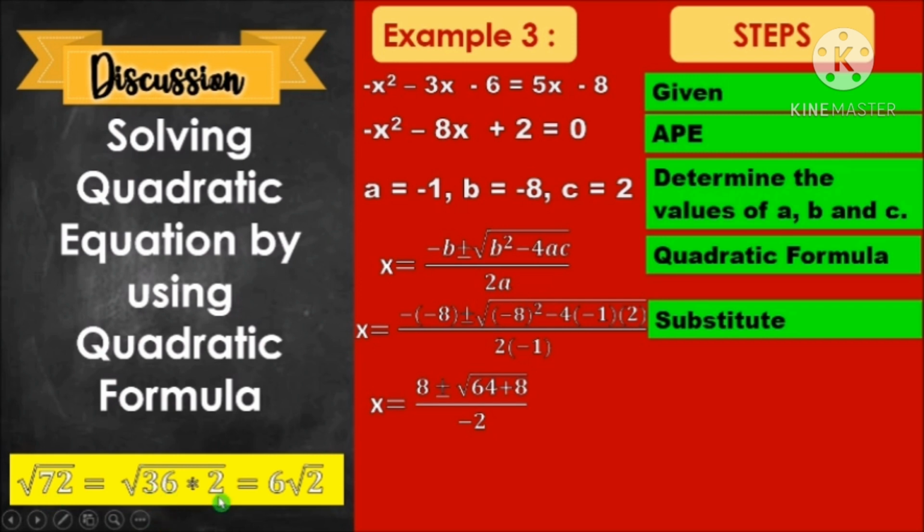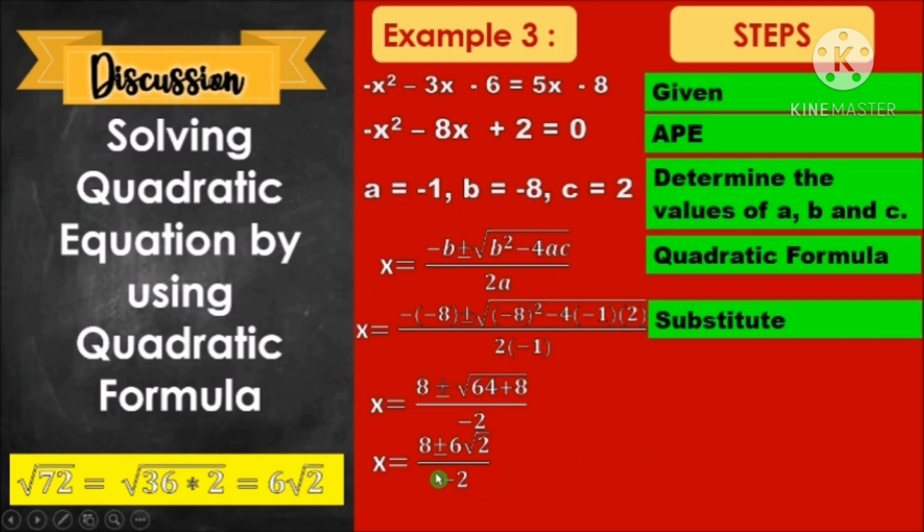So, after this factor, isimplify natin bawat isa. Square root of 36 is 6, and square root of 2 is square root of 2. Then, isulat na natin sa susunod na item. So, we have 8 plus minus 6 square root of 2 over negative 2.